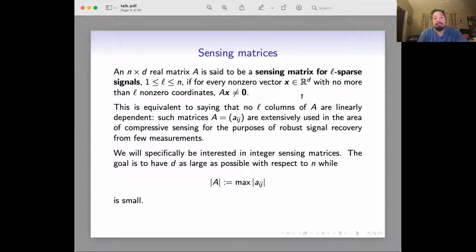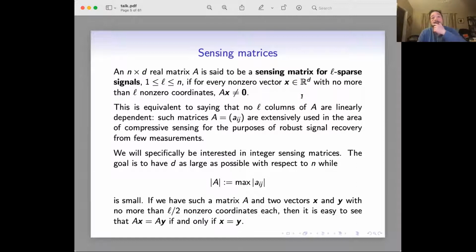Okay, so why is this good? Well, notice if I have such a matrix, and say I have two vectors x and y with no more than L over 2 non-zero coordinates each, then if their images are equal, then the vectors must be equal, because otherwise their difference would be in the kernel of A, but the kernel of A cannot contain any vectors with more than L non-zero coordinates.